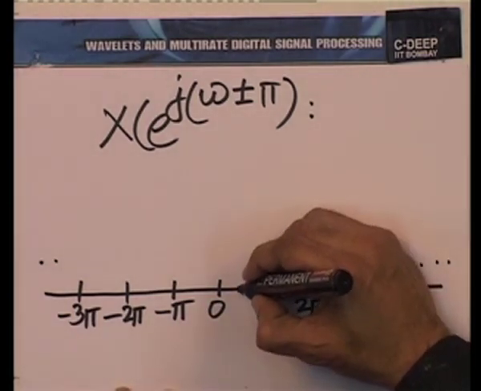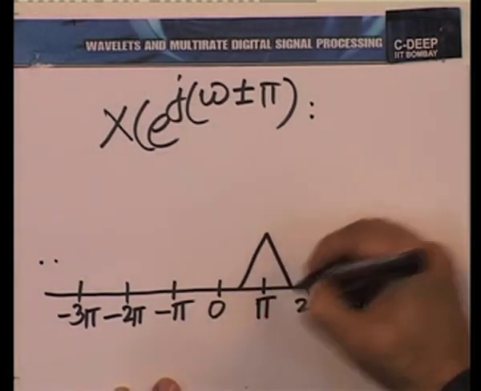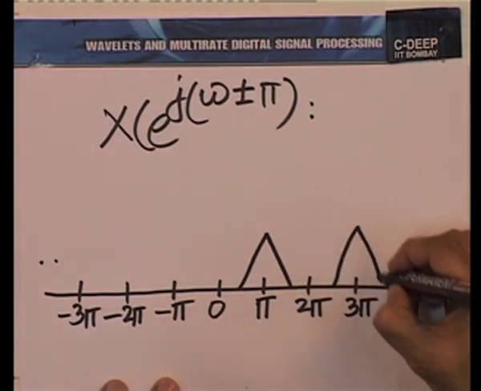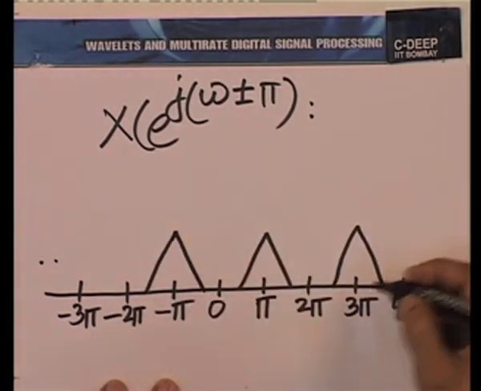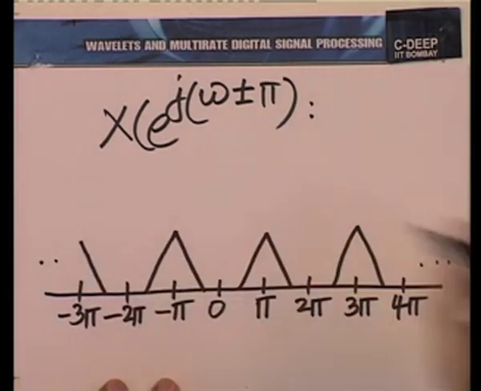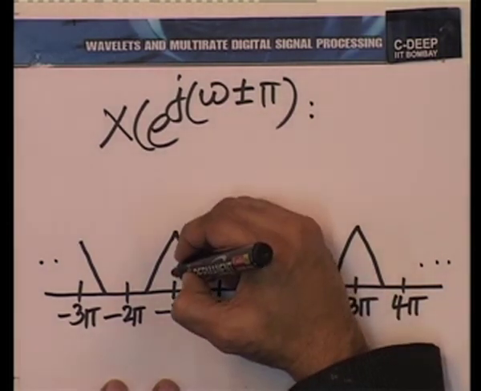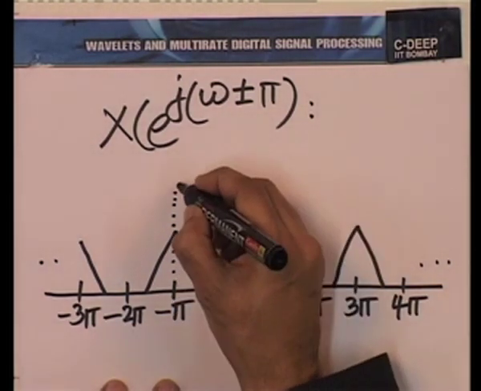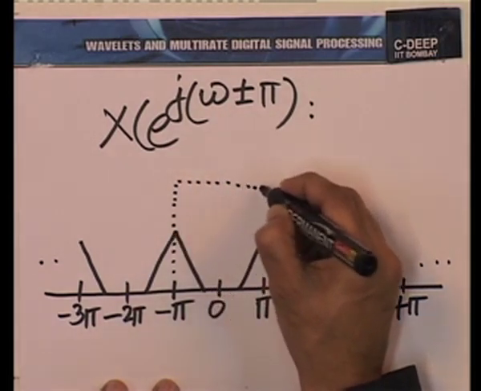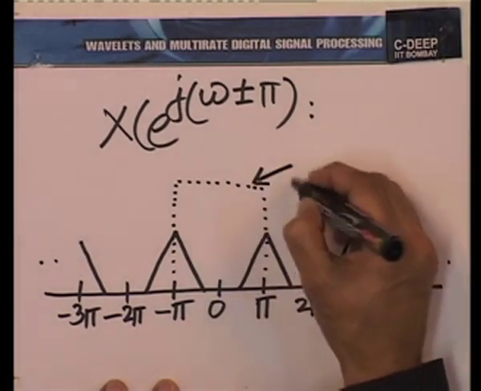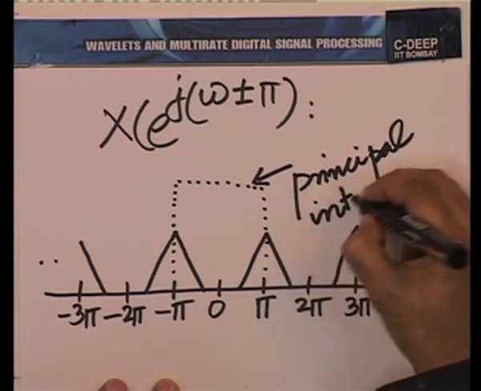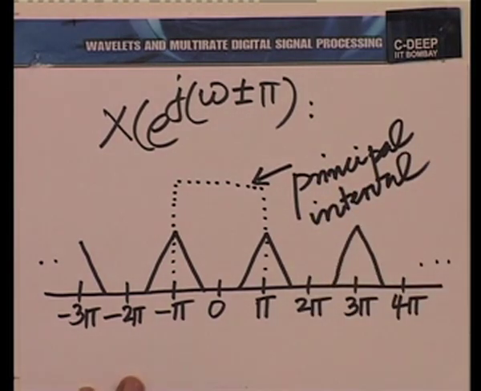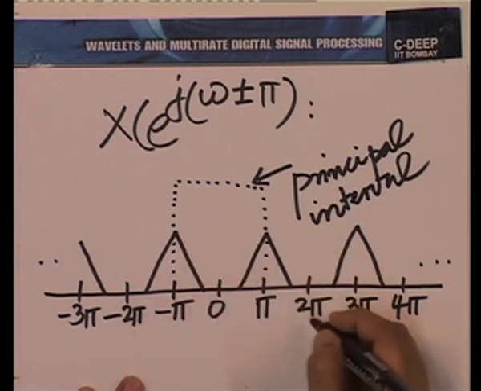So, now your triangles are around pi and then 3 pi and so on, and here around minus pi and then minus 3 pi and so on. So, now again if you take the principal interval which is here, this is what we get.